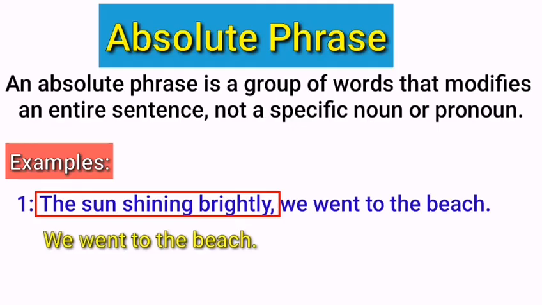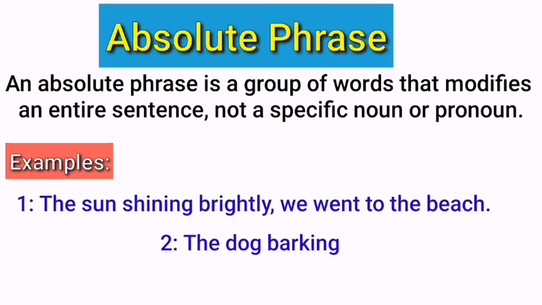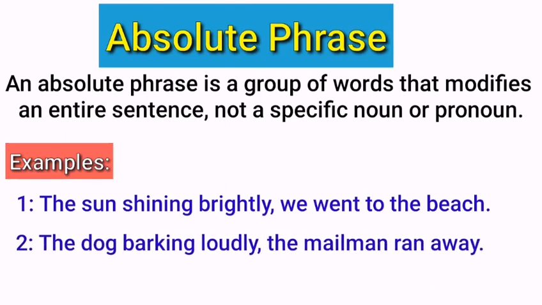The next example is: the dog barking loudly, the mailman ran away. Again look at this sentence, the group of words, the dog barking loudly, is an absolute phrase. The reason is, it starts with a noun phrase, that is, the dog, and it also has a present participle, that is, barking, and the word, loudly, is a modifier.